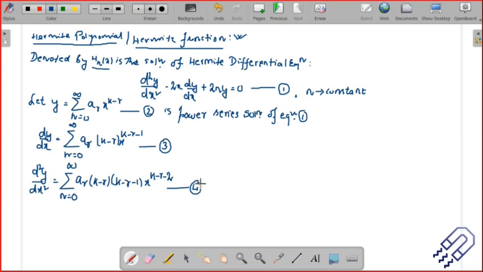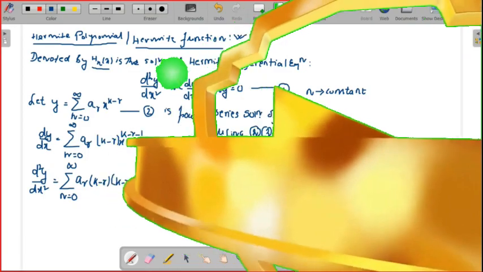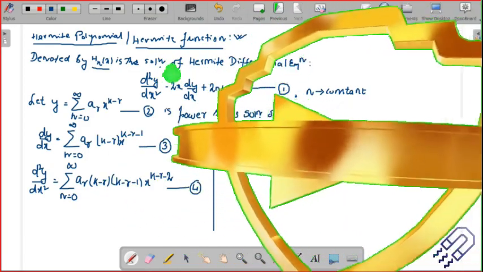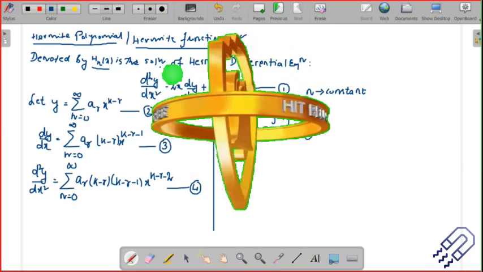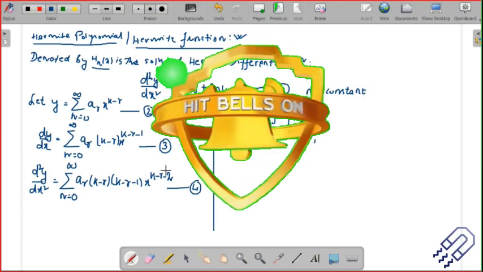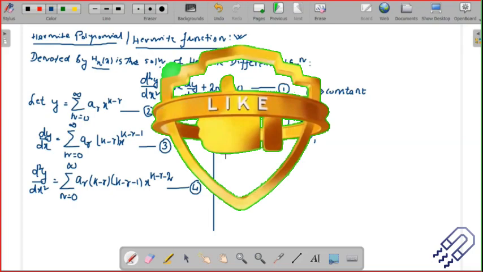Now we can replace it. Let's do this replacement here, using 2, 3 and 4 in 1. We can use these and write down the entire thing.